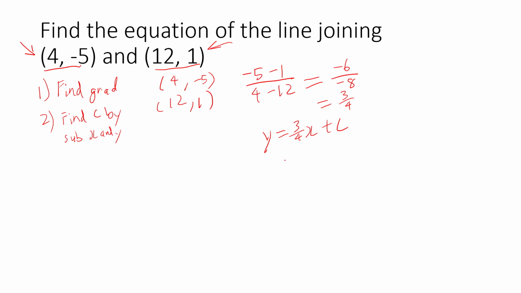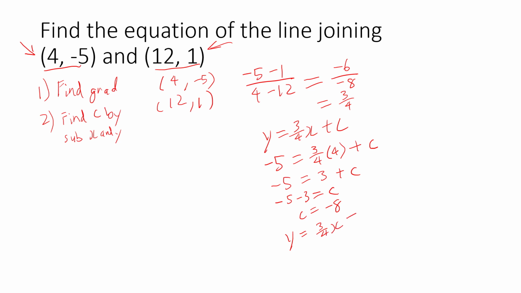So let's use the first one. y is -5 is equals to 3 over 4, x down here is 4 plus c. -5 is equals to 3 plus c. -5 minus 3 is equals to c. c is equals to -8. So my answer will be y is equals to 3 over 4x minus 8. So this one is my answer.